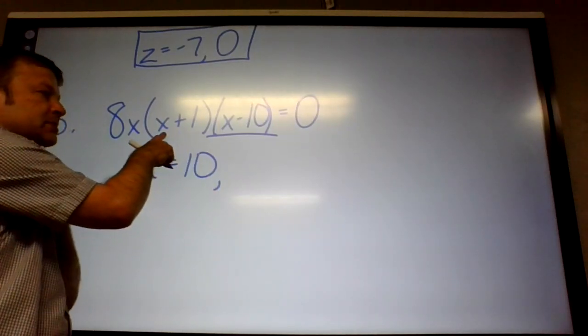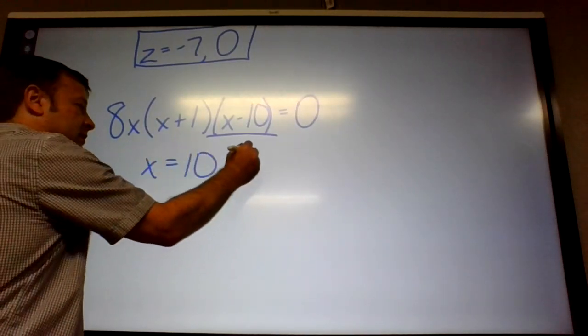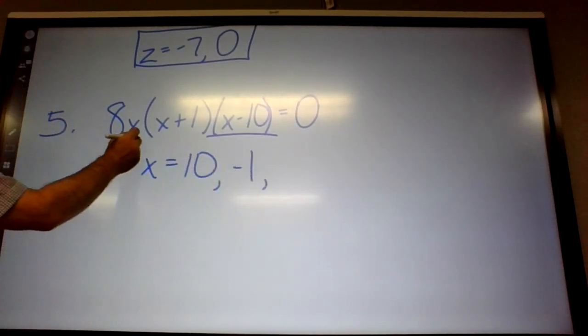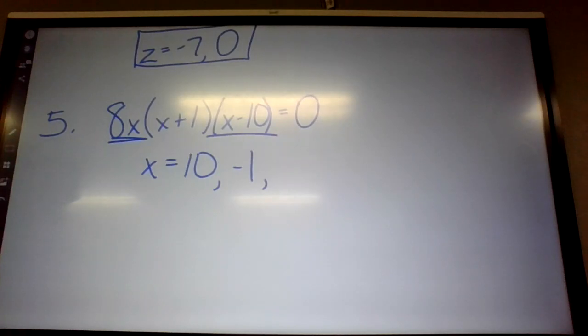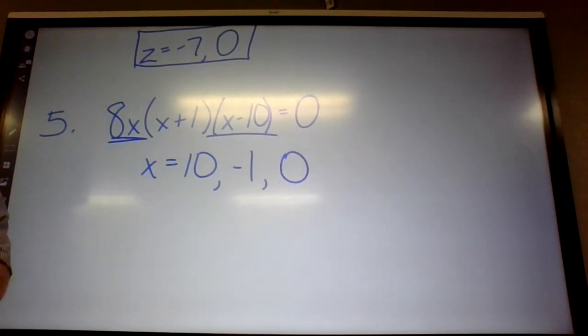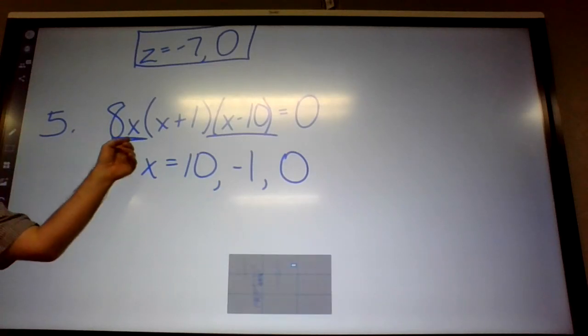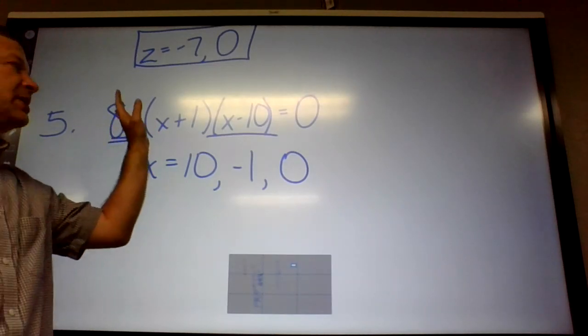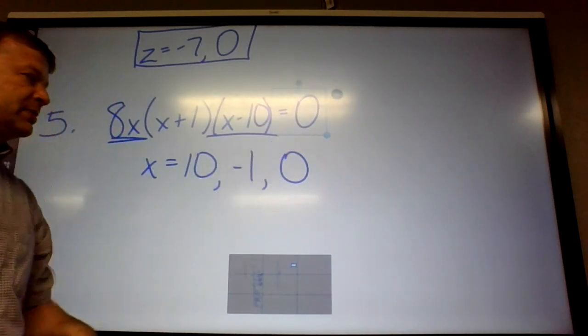This one, negative 1. And this guy out here, 0. Are y'all cheating? I heard someone else say 0. Okay, if there's an x on the outside, 0 is an answer. Because 8 times 0 is 0. 0 times whatever this is 0.